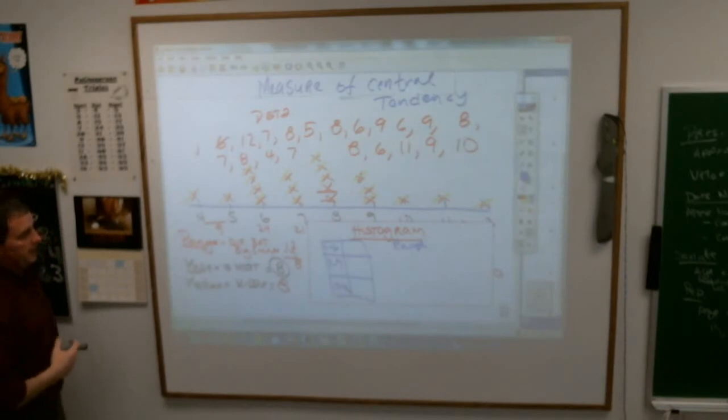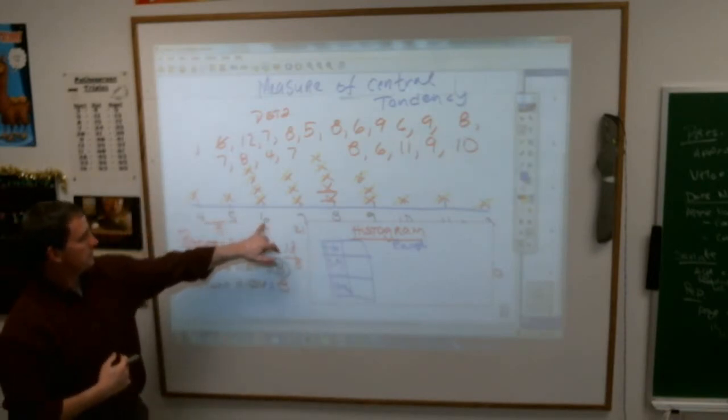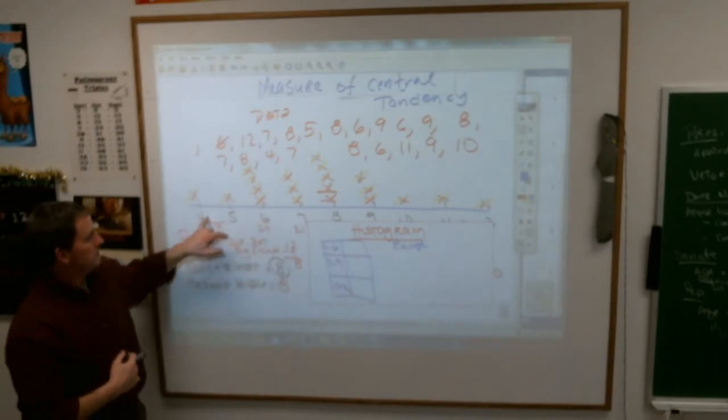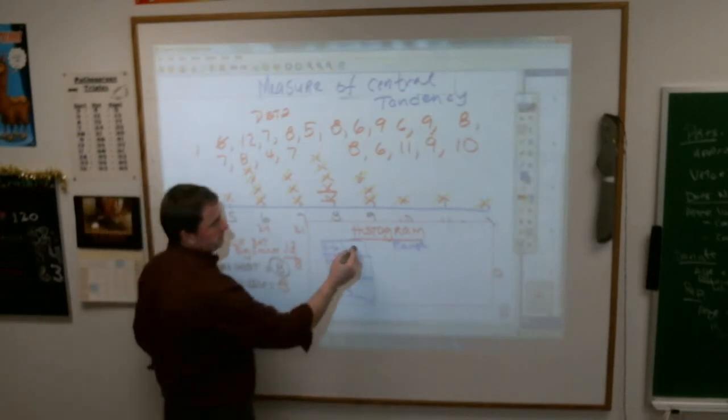How many kids were there that had shoe sizes between 4, 5, and 6? How many is this? 1, 2, 3, 4, 5, 6 people did.